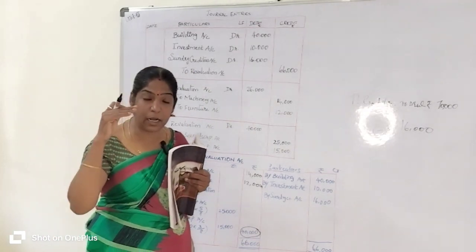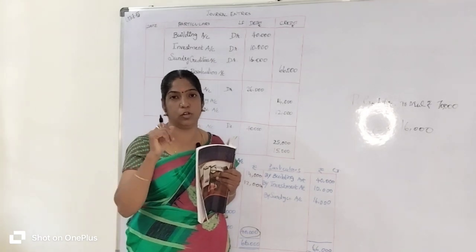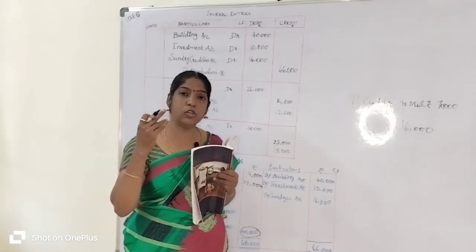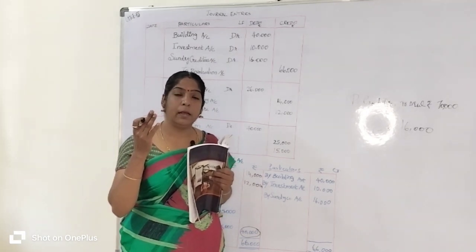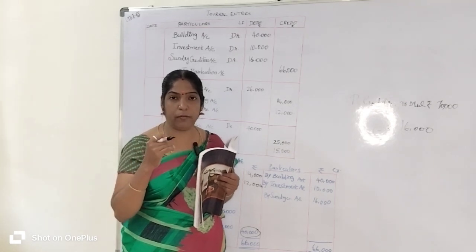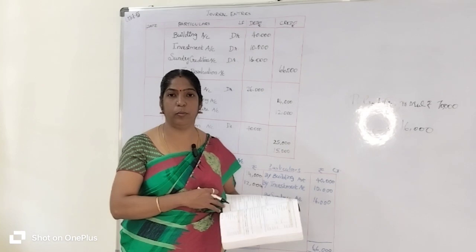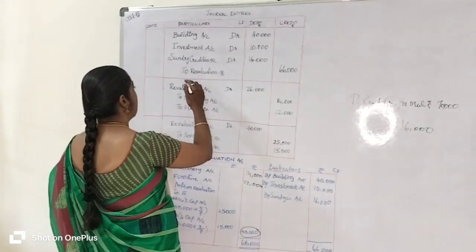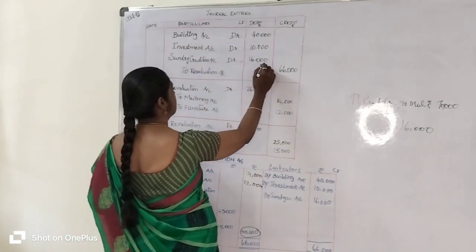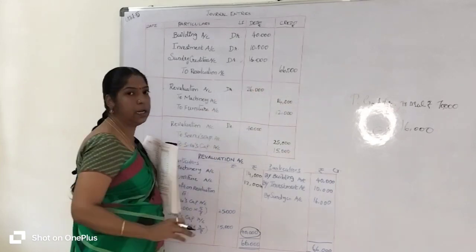Which account is to be debited? Respective liability account is to be debited. Which is the respective liability account? Sundry creditors is to be debited. Okay. So sundry creditors account is to be debited 16,000. Revaluation account is to be credited.